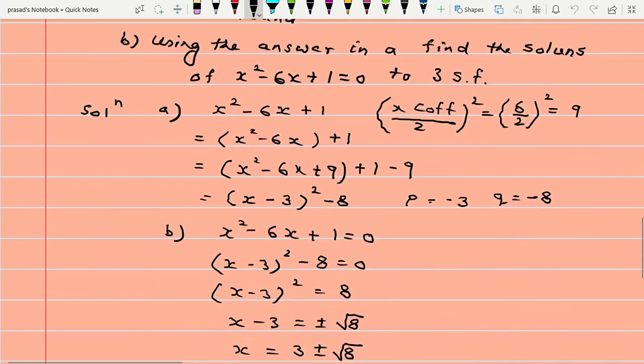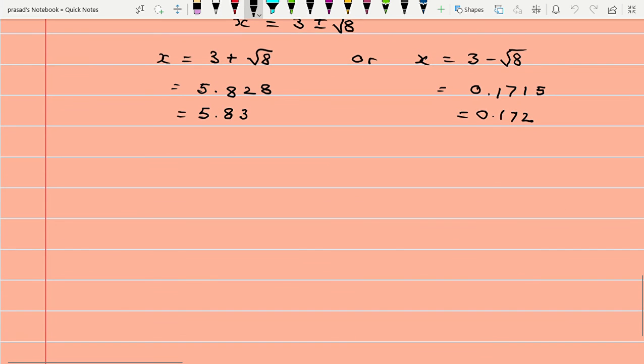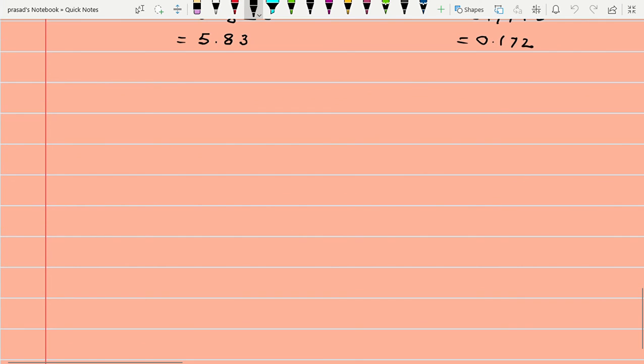So the left hand side will become a perfect square. Take square root on both the sides and solve it. And when you are taking the square root, don't forget to take both the signs, positive and negative. So now I will give you some sums for revision on the same lines.